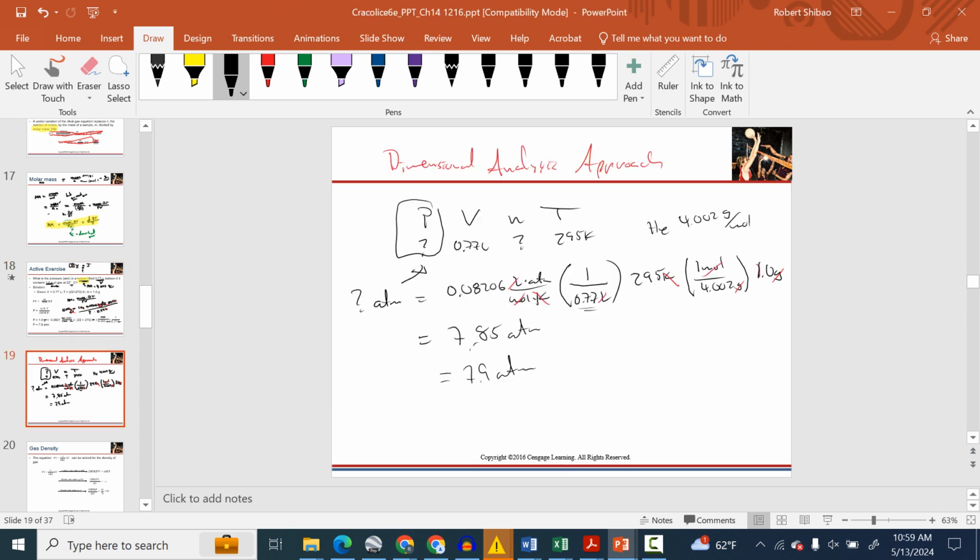So in this case, I didn't have to memorize any equation. I just figured it out using dimensional analysis. Atmospheres, what is that? It's the pressure of the helium. Okay, atmospheric pressure. 7.9 atmospheres of helium gas inside some container. So if you had a container of helium, you'd have about 8 atmospheres of helium in here.